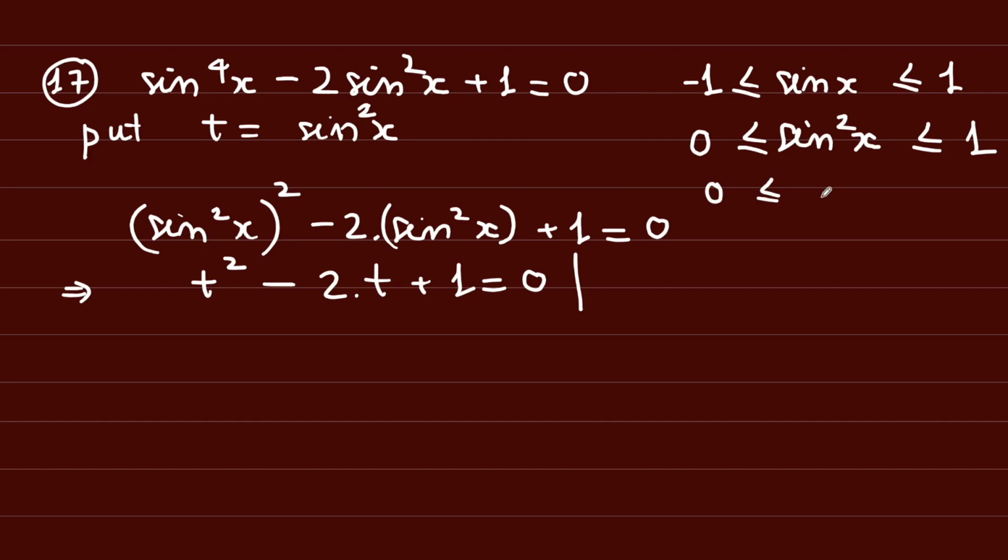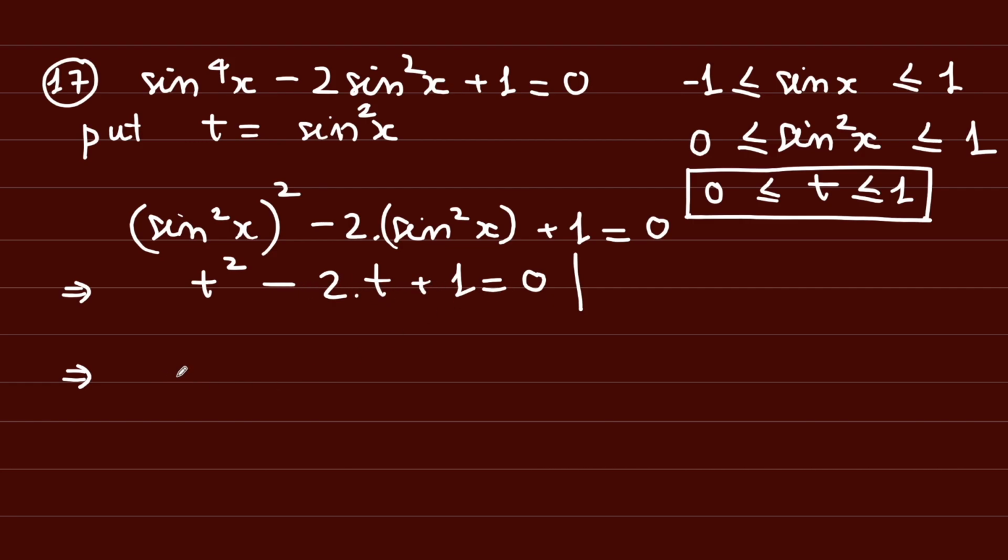That's why the interval domain for t will be 0 less than or equal to t less than or equal to 1 like this. Based on that, you get the new quadratic equation, t squared minus 2t plus 1.